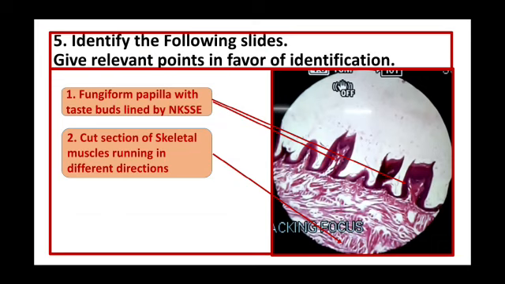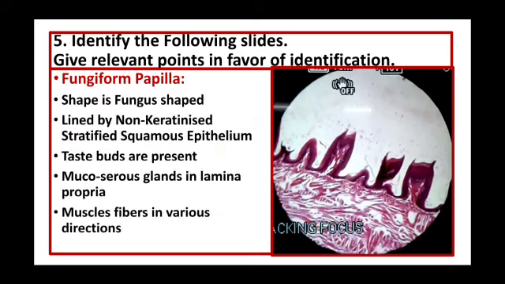So when taste buds are present, so try to identify this given slide. So this is a fungiform papilla. So shape is that of a fungus. So it is lined by non-keratinized stratified squamous epithelium as a filiform papilla. But very important is taste buds will be present. Note, the taste buds will be present.